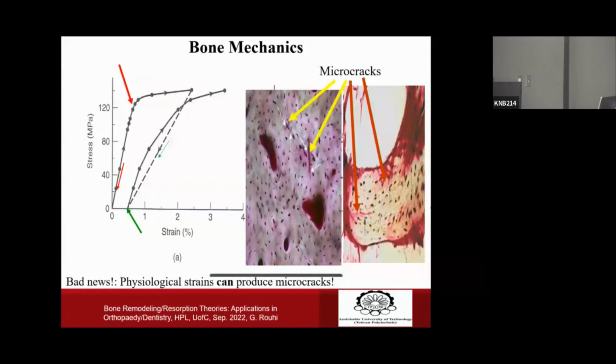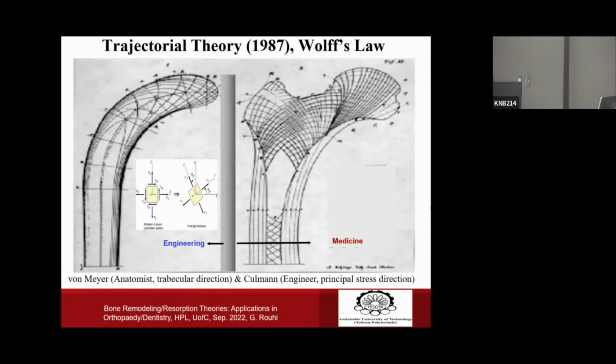These are the trabeculae. In the same scientific meeting, a Swiss engineer named Culmann presented results of his investigation on the principal stress distribution in a crane he had designed. And you see the direction of principal stresses in the crane that was designed by an engineer.